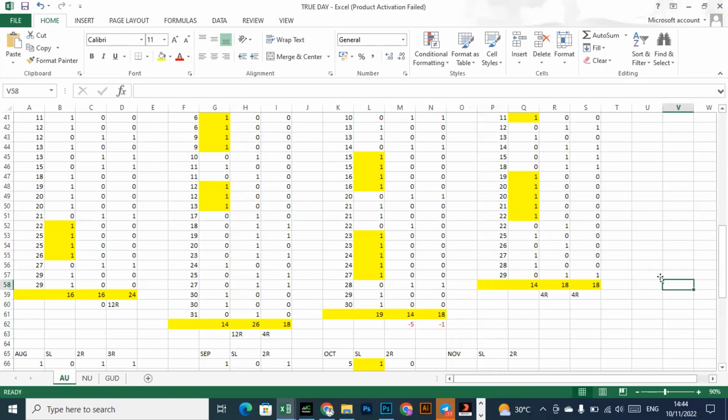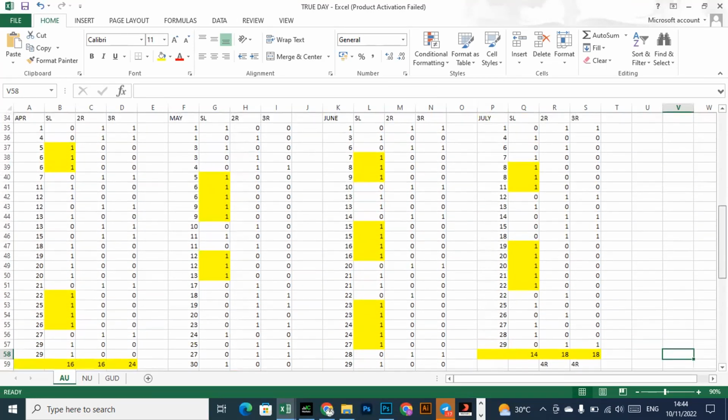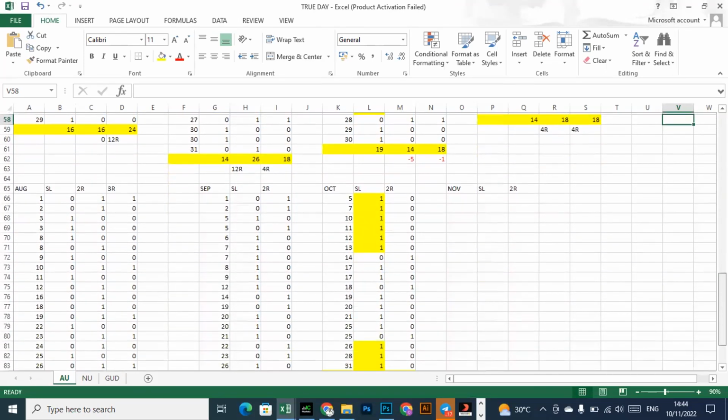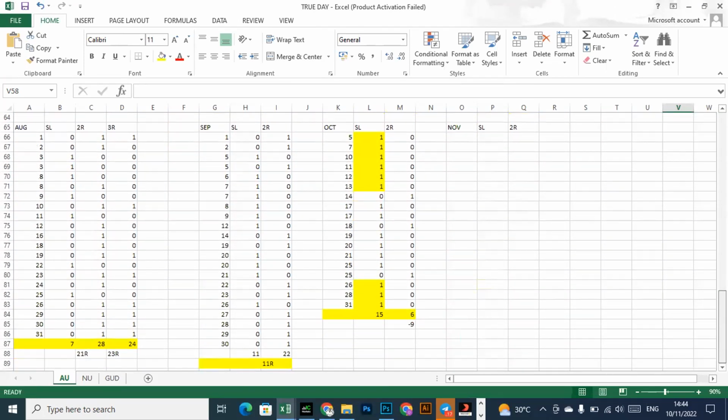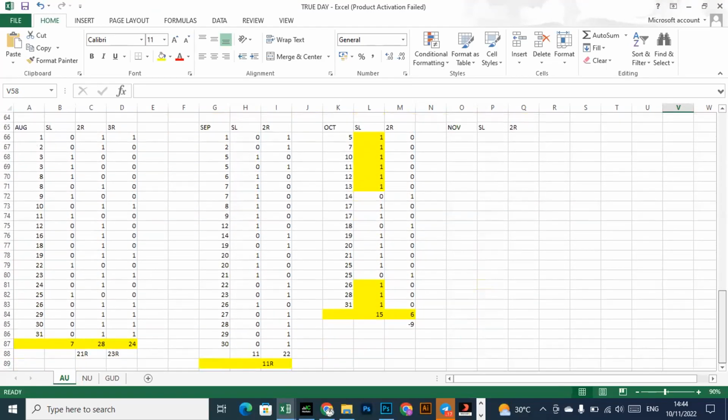You might just throw it away. All right, then the month of July, we have 4R going for 1:2, and ditto going for 1:3. But look at the month of August. The month of August gave us 21R going for 1:2, and 23 going for 1:3.